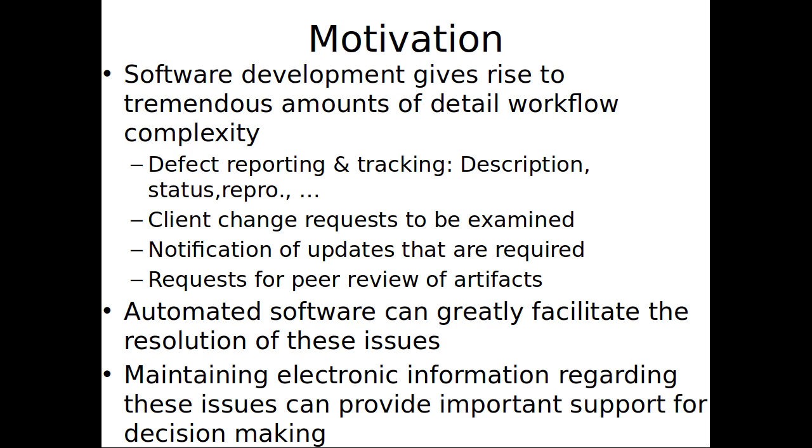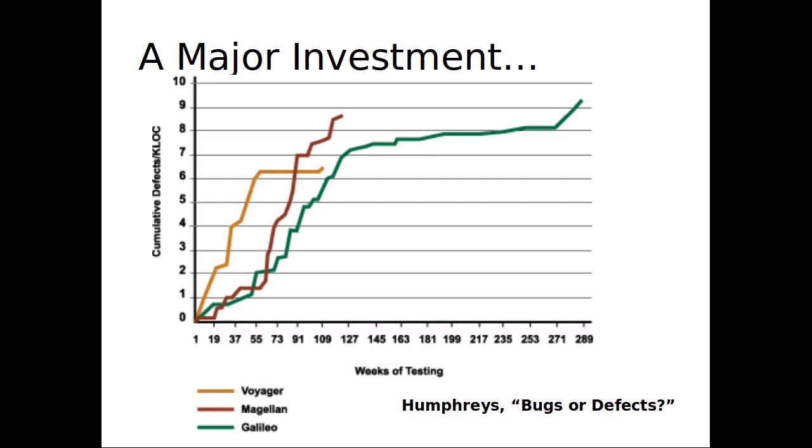I'm going to show you one graph here, and we'll finish. This graph is from a series of U.S. space programs. The Voyager space program, the Magellan, Galileo. And this is weeks of testing on the x-axis.